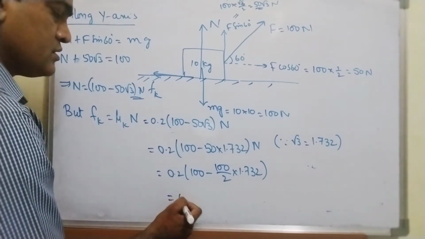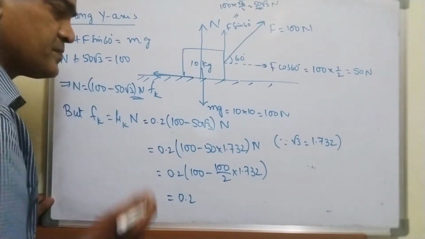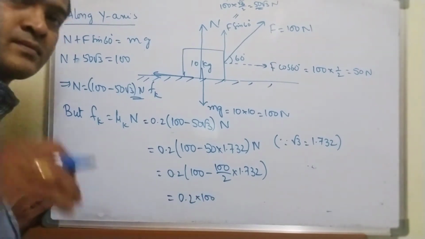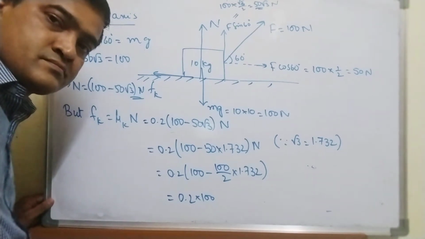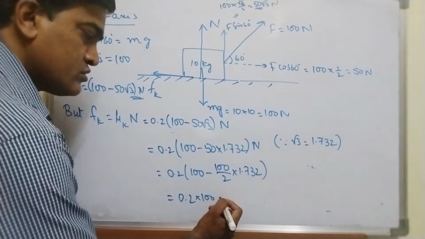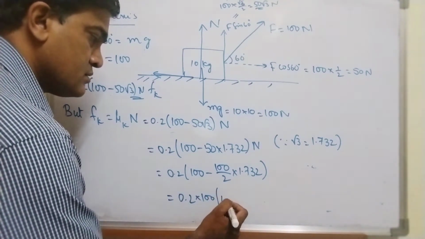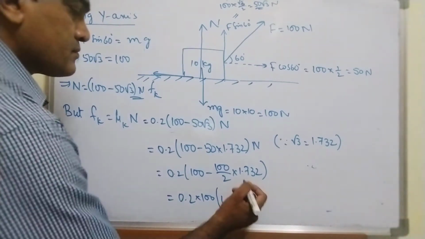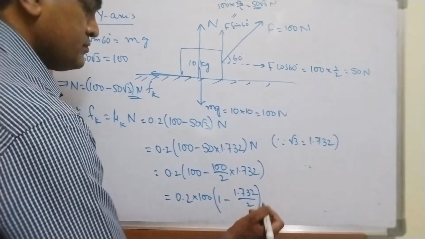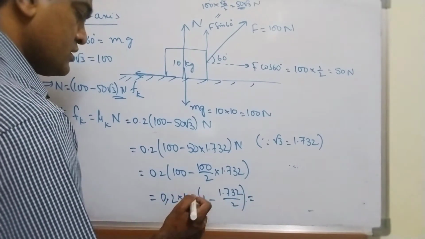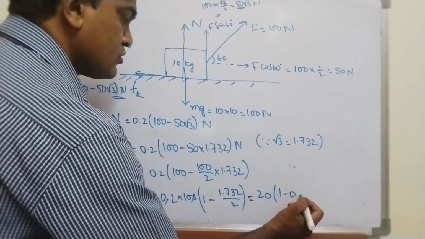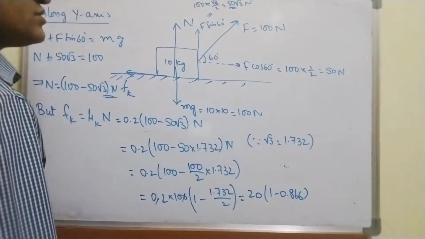And calculations become easy. So 0.2 into, if I take 100 in both as common, what I will get is 1 minus 1.732 by 2, and the 0 gets cancelled. 2 into 10 is 20. 20 into 1 minus this value, 0.866.